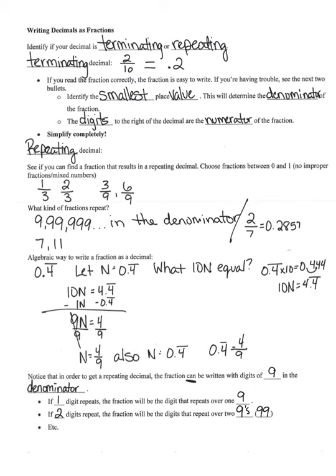So for example, if I have 0.23 repeating, that's 2 digits that are repeating. It's 2323. Therefore, that fraction here would be 23 over 99.